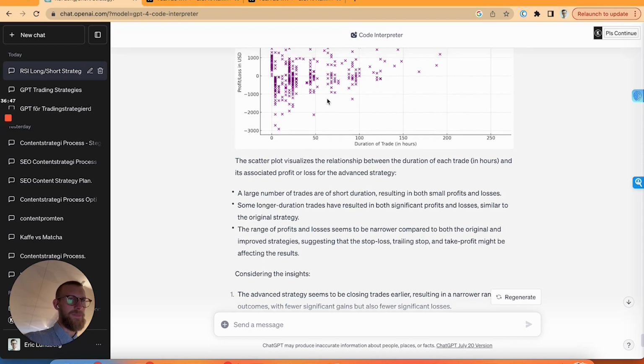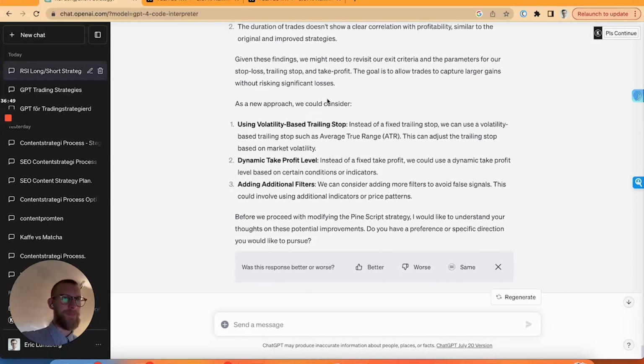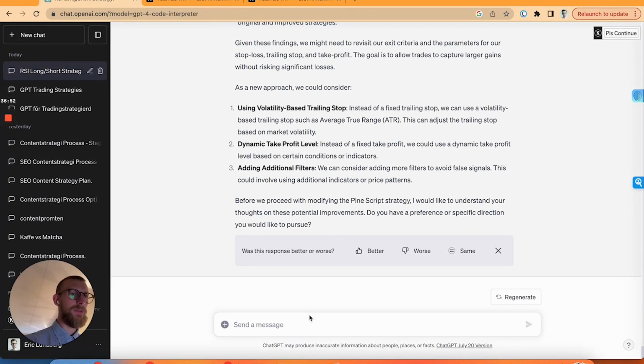Well, sure it is. As a new approach, using a volatility-based trailing stop. Instead of a fixed trailing stop, we can use a volatility-based trailing stop, such as average true range. Yes, this can adjust the trailing stop based on market volatility.